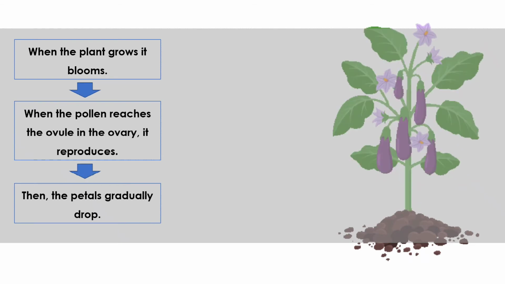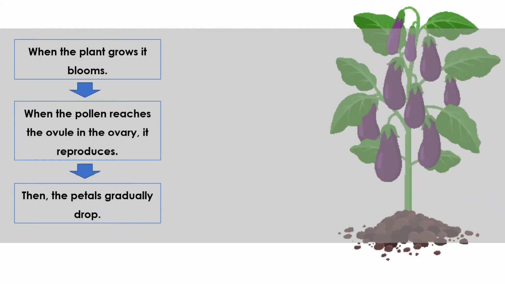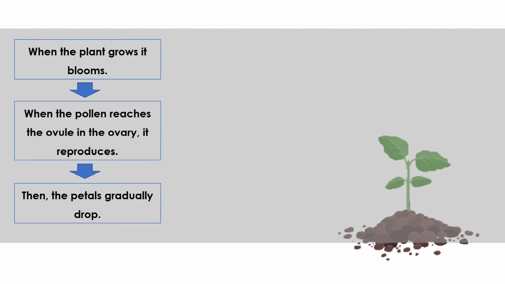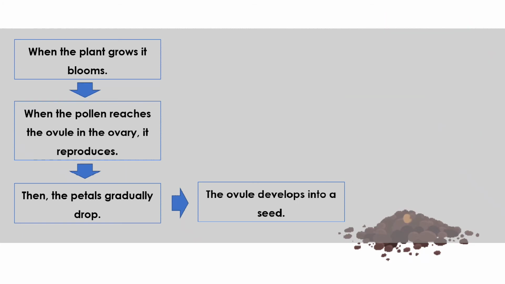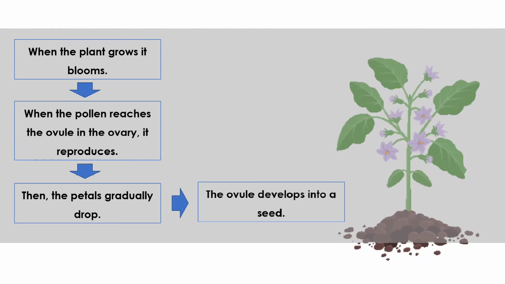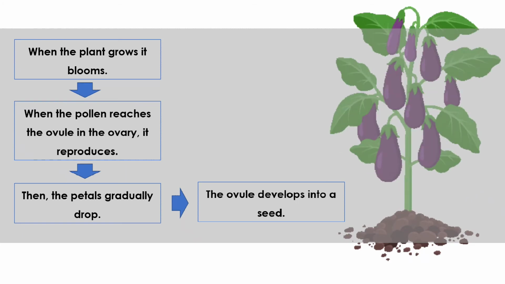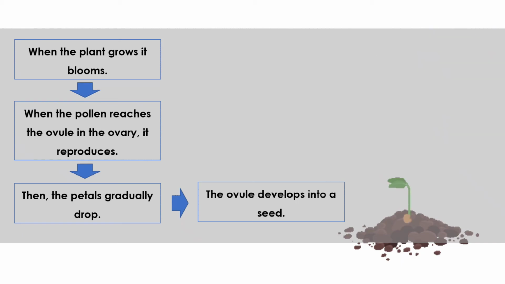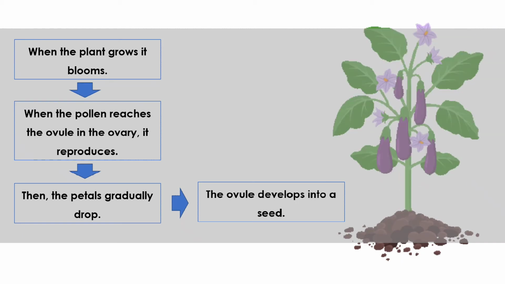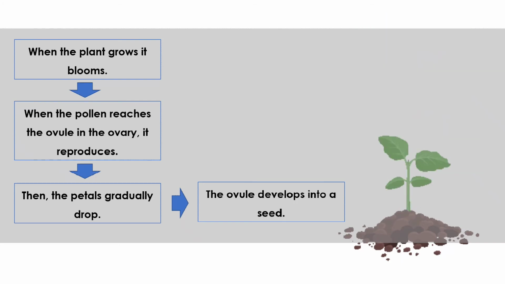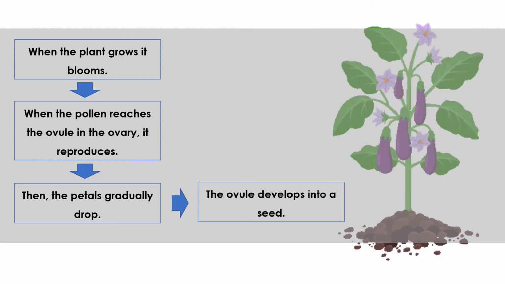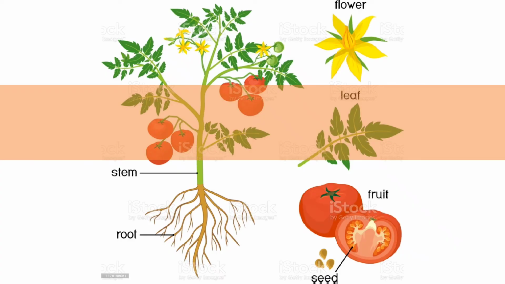Then, after that, the petals will gradually drop. So that's the time the ovule develops into a fruit, and of course inside the fruit are the seeds.